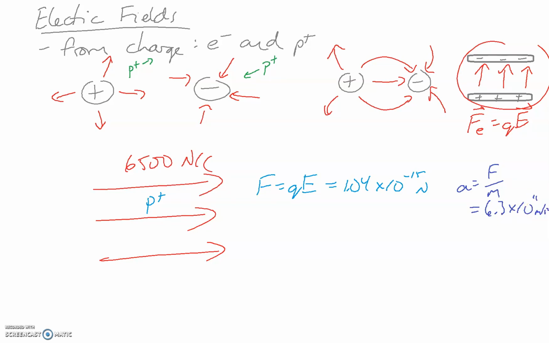So really massive accelerations. That's one of the things we had last year, huge accelerations for these charges, even though the forces are really small. And of course, the proton would go with the field, because that's the way fields are drawn.